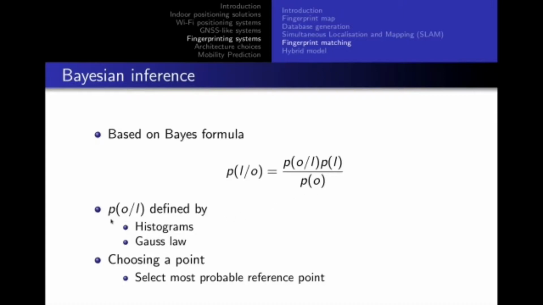And the probability to observe O given that you're in location L will be defined by histograms or Gaussian laws, for instance. And to choose a point, you choose the location in the fingerprint database which maximizes the probability of being at location L given the observation O, so the measurements of the mobile device.